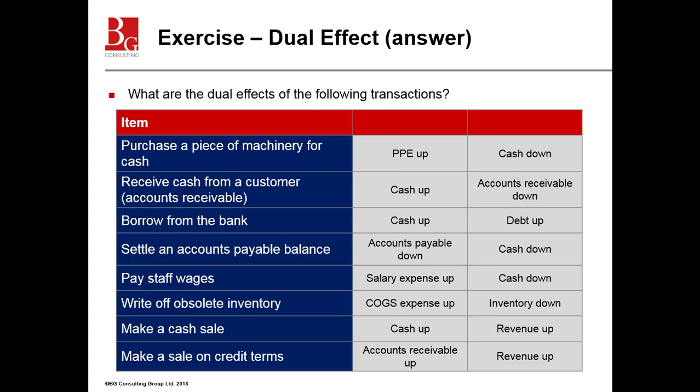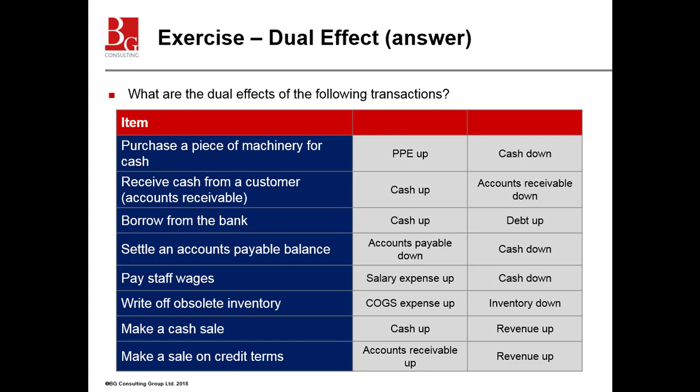Both of them are assets in the balance sheet. If you receive cash from a customer, cash goes up and accounts receivable goes down, assuming they're paying off the debt they owe you. If you borrow money from the bank, cash goes up and debt goes up. So we've got one asset going up and one liability going up.